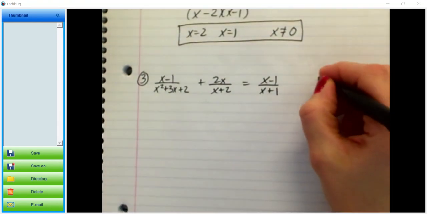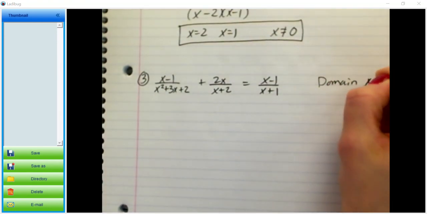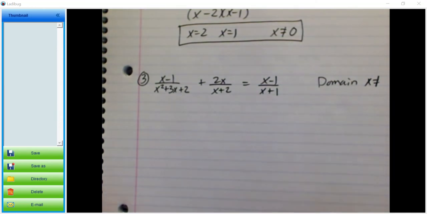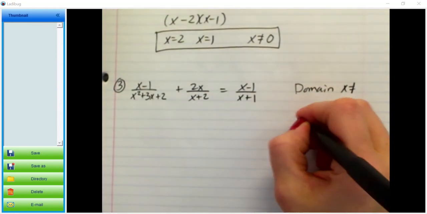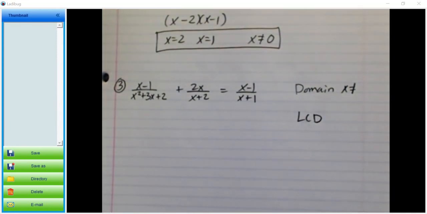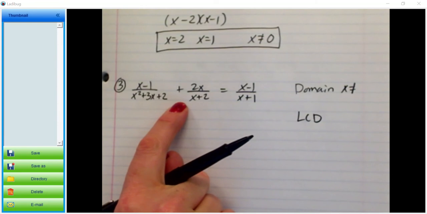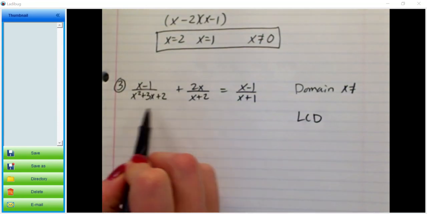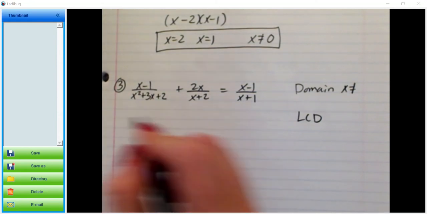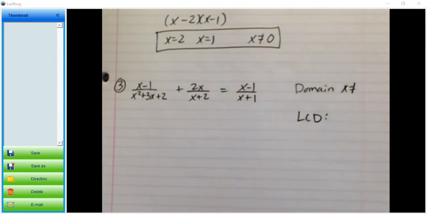Well, we're still going to consider the domain part, and I'm still going to consider my least common denominator. Okay. Right? We haven't really gotten to the equals yet. I'm just deciding what's the domain restrictions and what's my least common denominator, only because I see adding and subtracting. Right? There's an equals, but I do have some addition here. So I'm going to start by factoring. Right? I can't do a least common denominator until I factor.